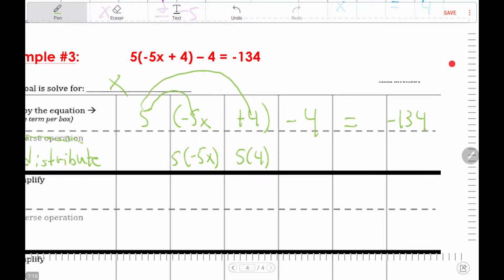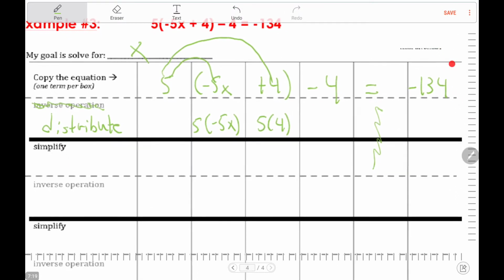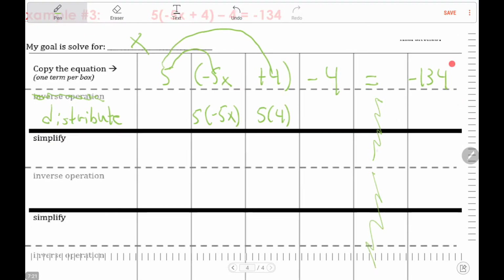Okay, these guys, nothing happens to them. They're not at the party yet. Equals negative 134. What's 5 times negative 5x? That is negative 25x. What's 5 times 4? 20. Plus 20 minus 4.